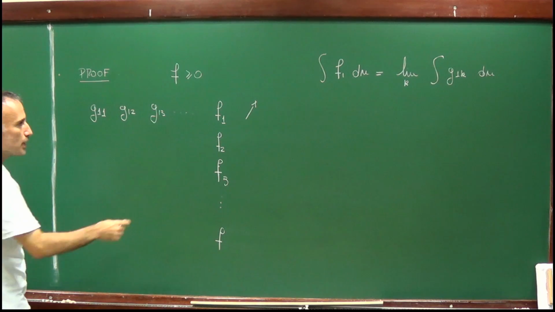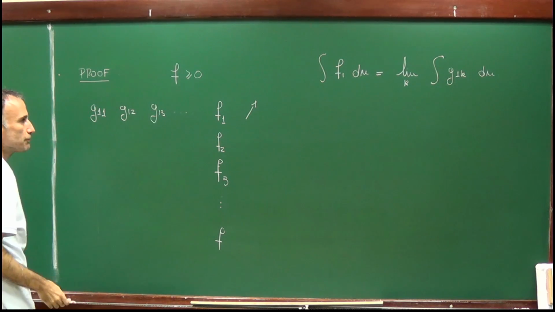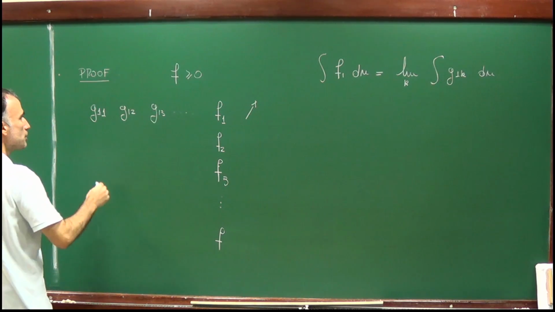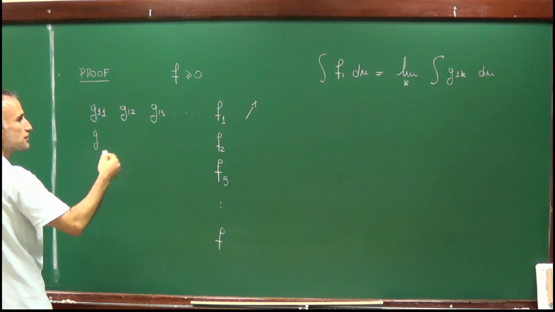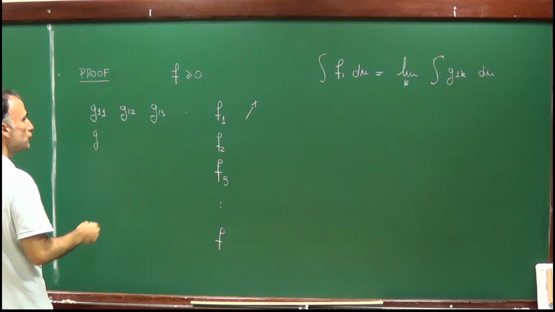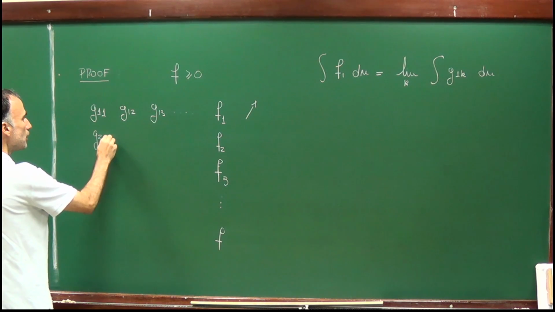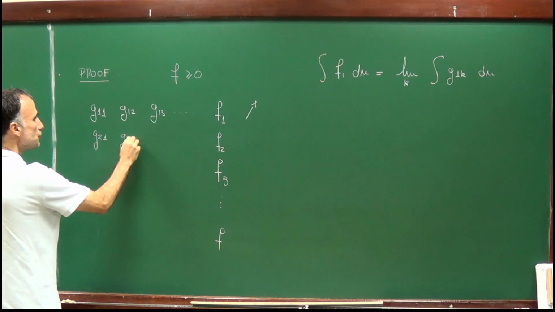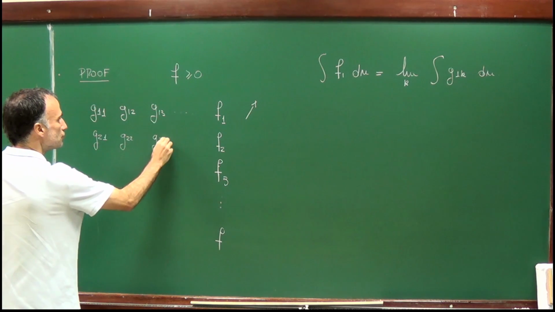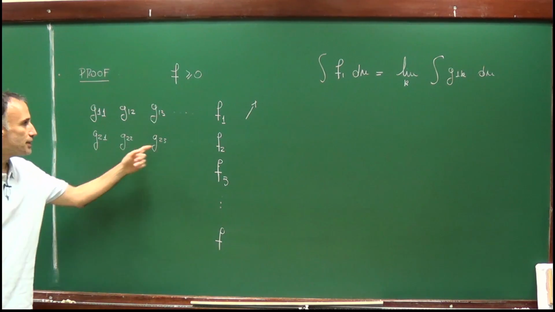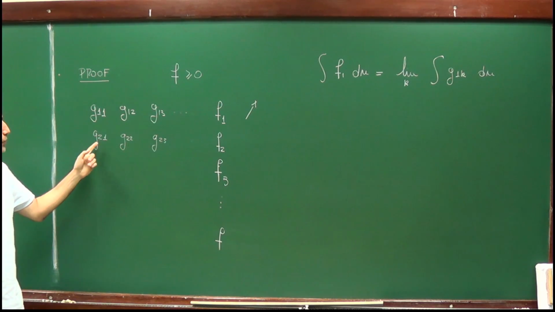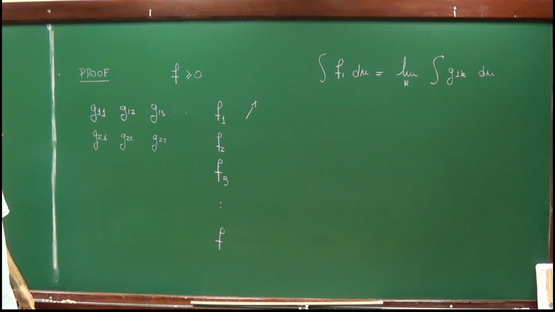And in the same way, f2 is a non-negative function, therefore its integral is the limit of a sequence of simple functions which are increasing to f2. So let me represent by g21, g22, g23, and so on, a sequence which is increasing to f2 and which is formed by simple functions.